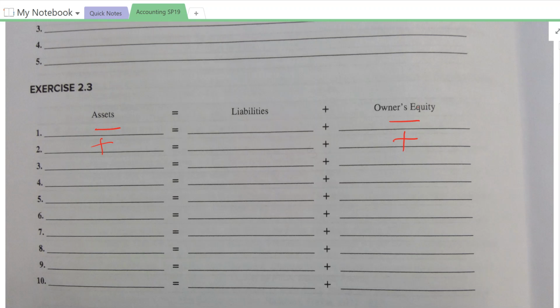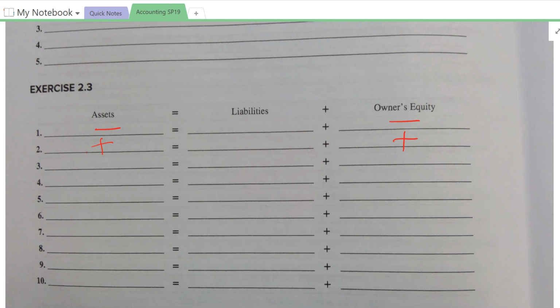Okay, sorry. All right, number 3, we received $6,500 from charge account customers. So like in number 2, the customer didn't pay, they charged, and in number 3, we're getting a payment from our charge customer.